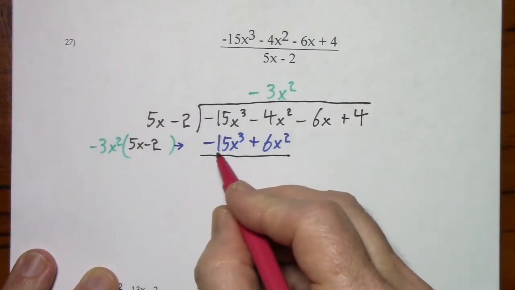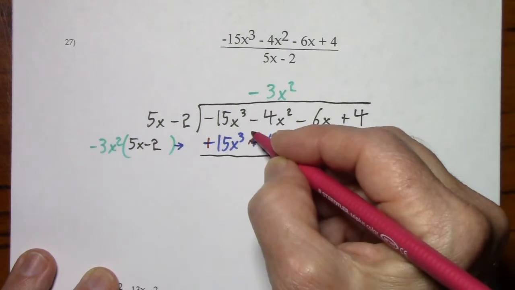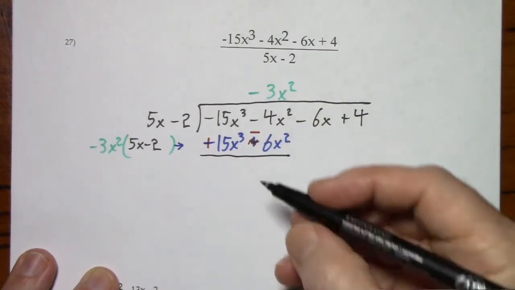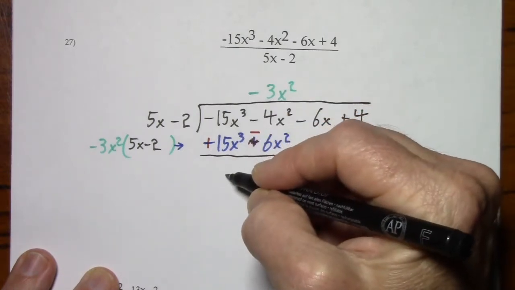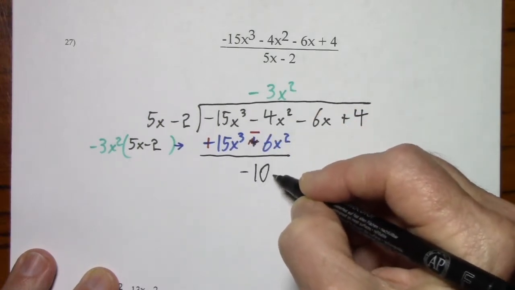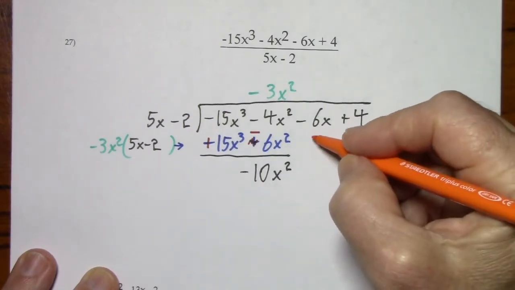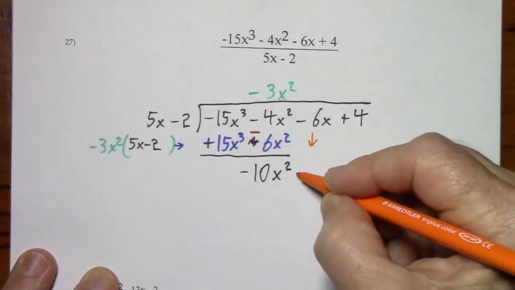And remember, we're subtracting this, which means we change each sign. This gives us a 0. Signs are the same, we add. Bring down the next term.